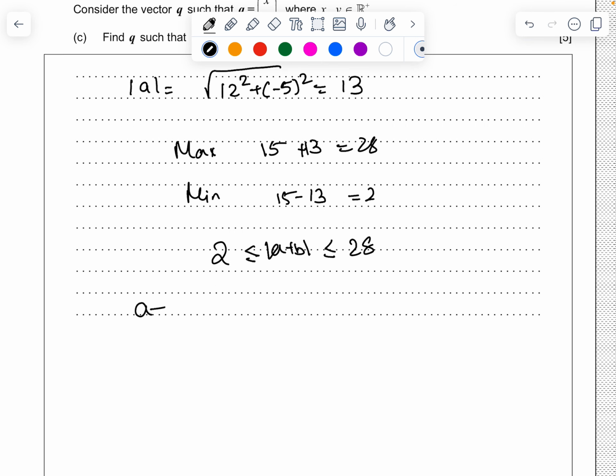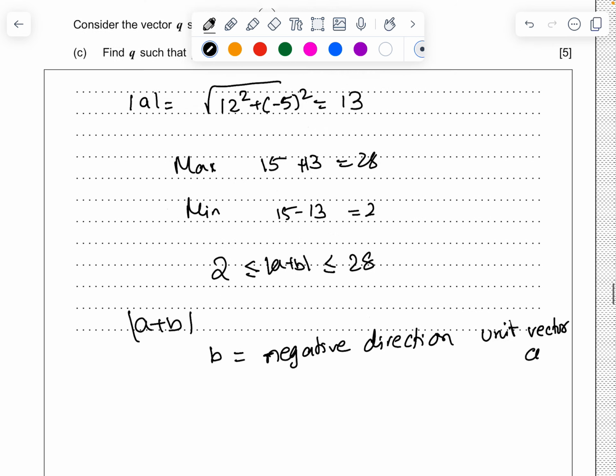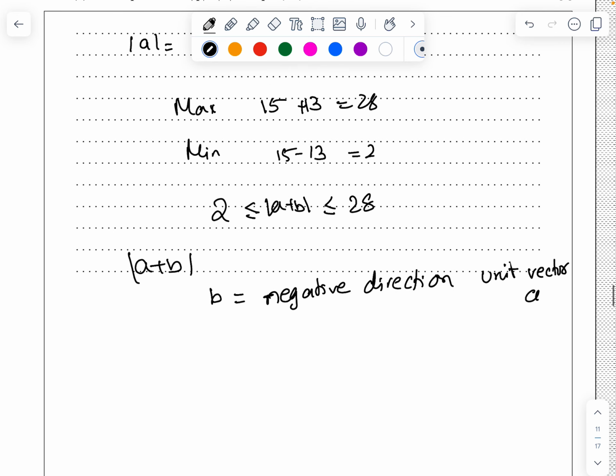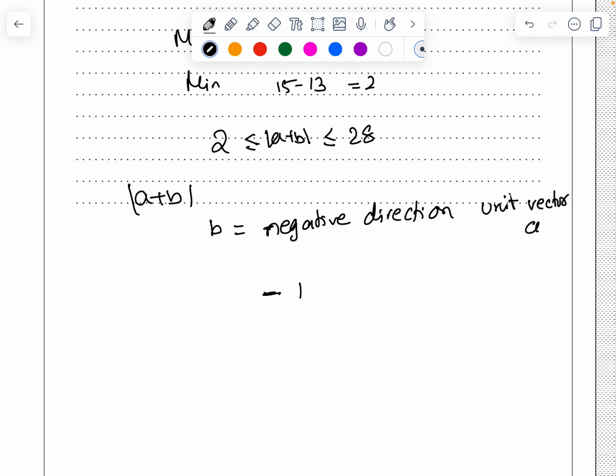Given that vector P is A plus B and the absolute value of A plus B is minimum. Now for A plus B to be minimum, A we cannot change, so B is equal to a negative multiple of A. It should be in the negative direction of unit vector A. The absolute value of B is 15, that's why 15, and the unit vector of A in the direction of A is 1 upon 13, (12, -5).